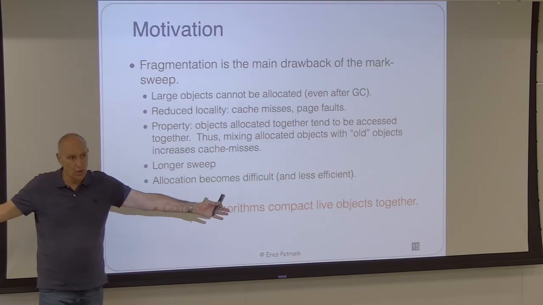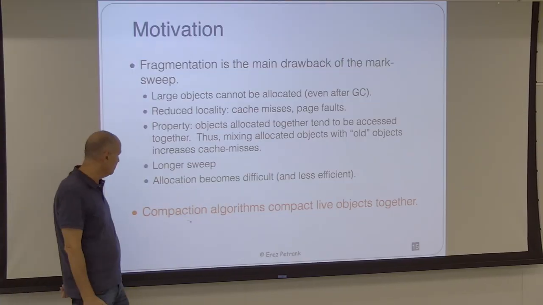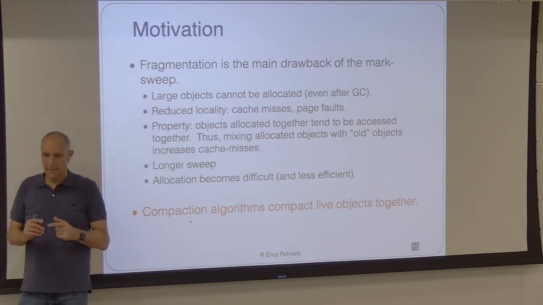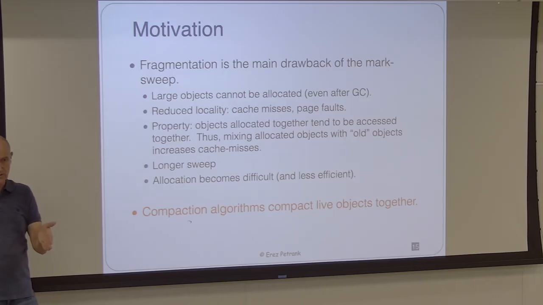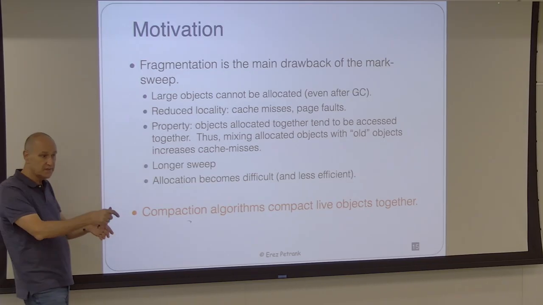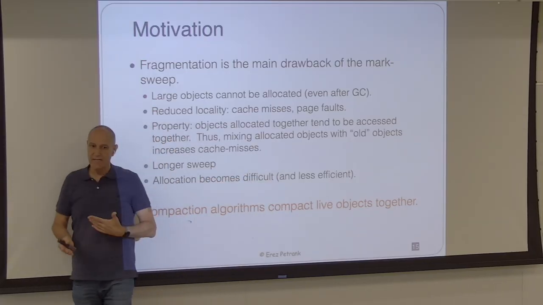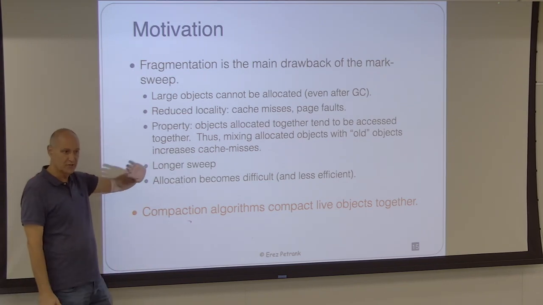If it's one long area to be swept, then it's going to be faster. And allocation itself becomes difficult. If you want to allocate some space for an object and there are all these small spaces that do not fit, and eventually there is a large enough space for it, then it might take more time to find it.